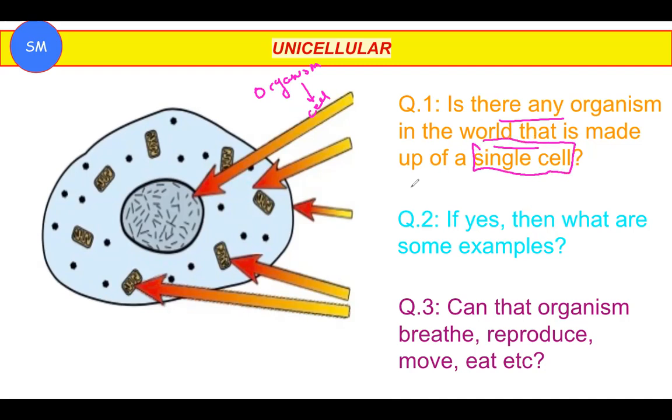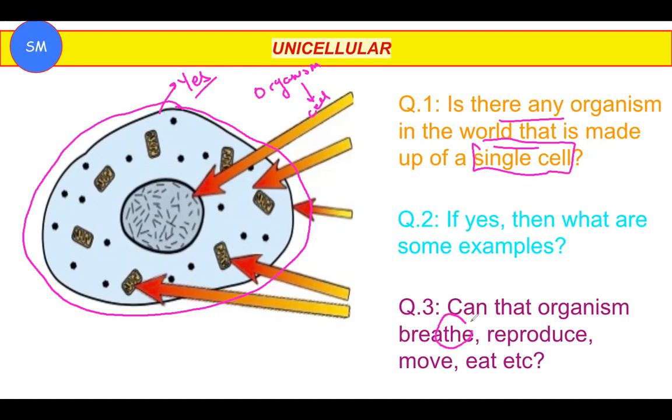Anything living in this world which is just this structure, a single cell, not a combination of cells? If the answer is yes, then what are its examples? And if it is living, do they perform the same things that we humans or animals usually do, like breathe, reproduce, move, eat, etc.? That's our question, and we will try to answer these questions one by one.